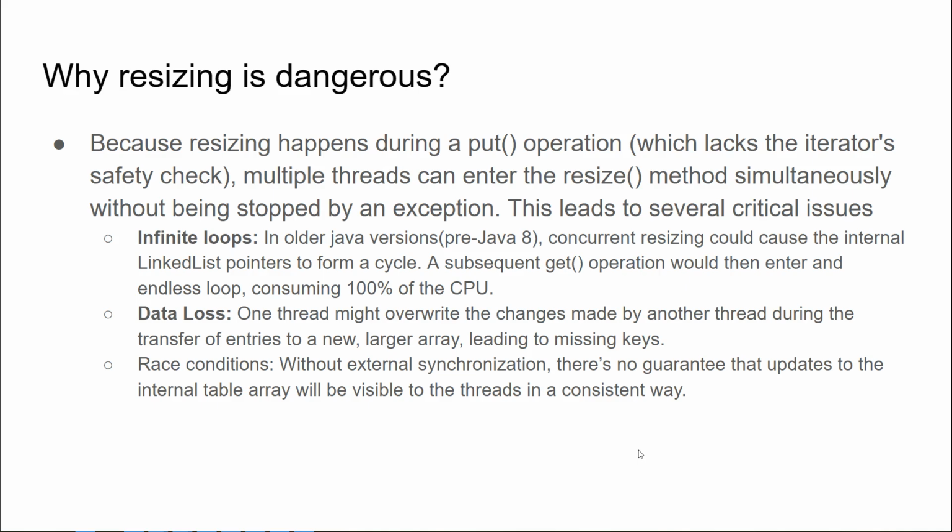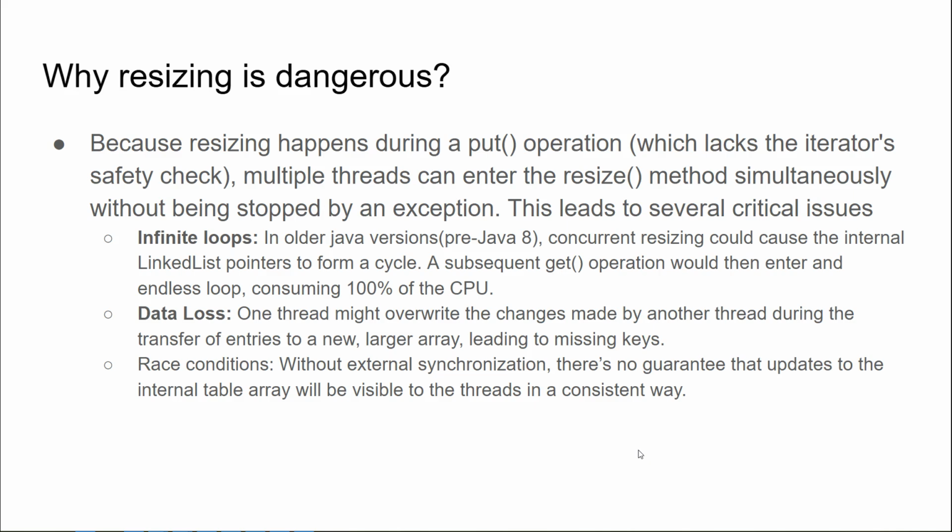For example, one thread might overwrite the changes made by another thread during the transfer of entries into a new larger array, leading to missing keys. Okay, race conditions. Without external synchronization, there is no guarantee that updates to the internal table array will be visible to the threads in a consistent way.